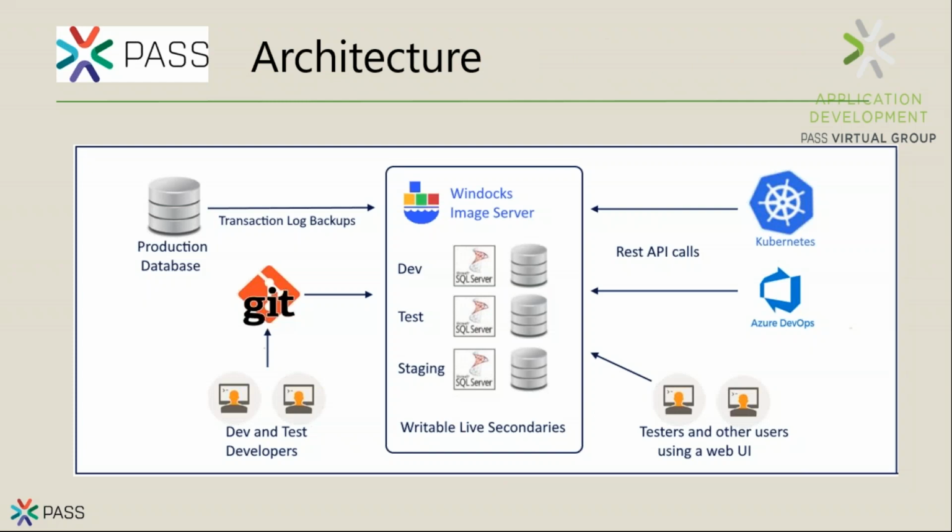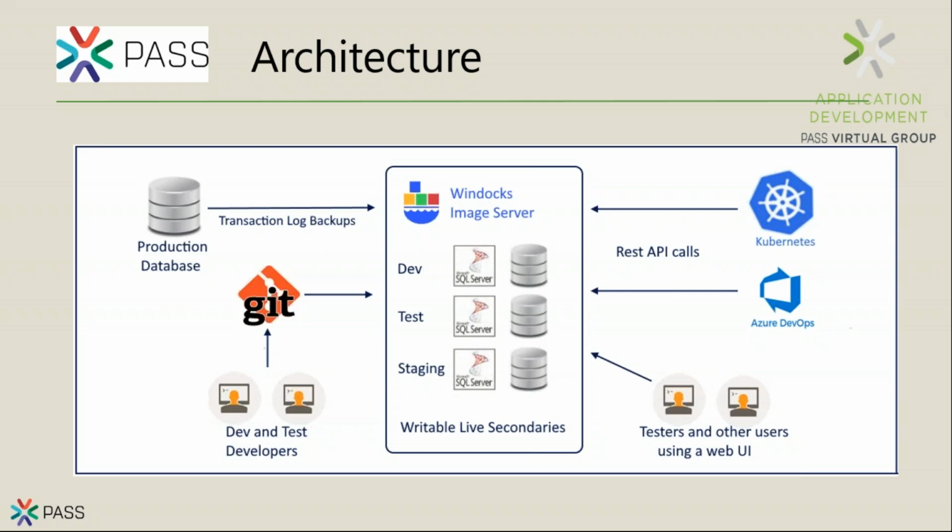Now, when you put these tools together, you can imagine having a single Windows server, shown in the middle, supporting multiple stages of a CI/CD pipeline. You're going to have an image based on a full backup, or as we talked about earlier, an image that's being updated with transaction log backups.